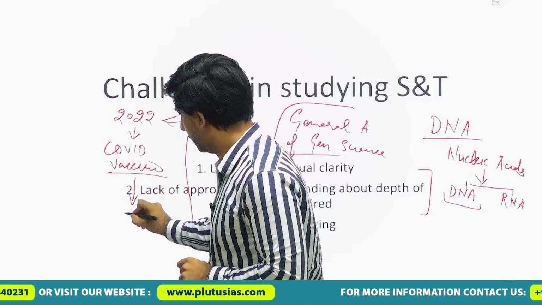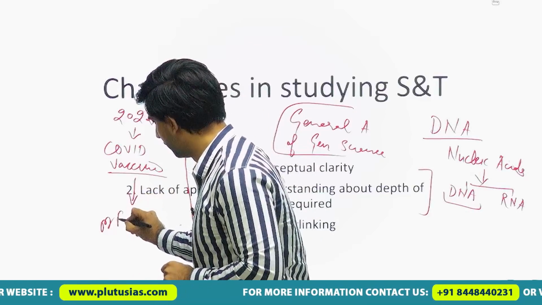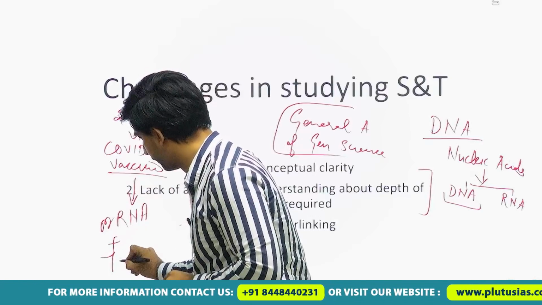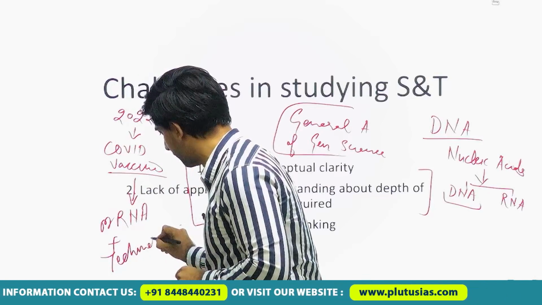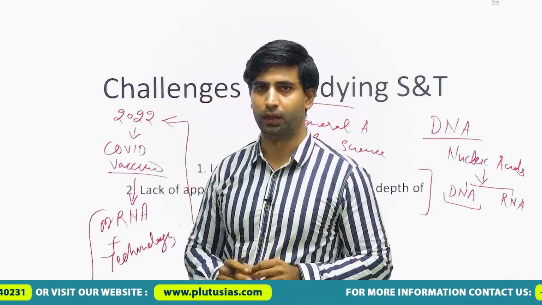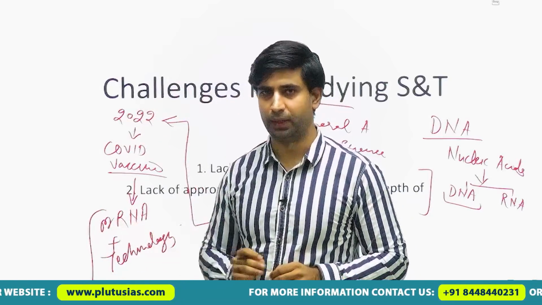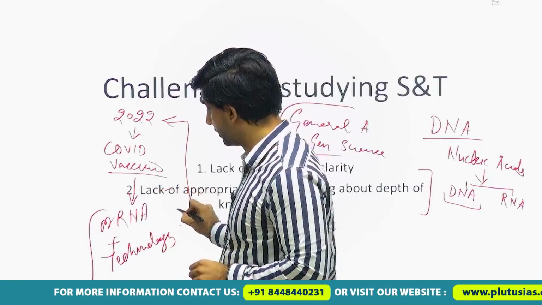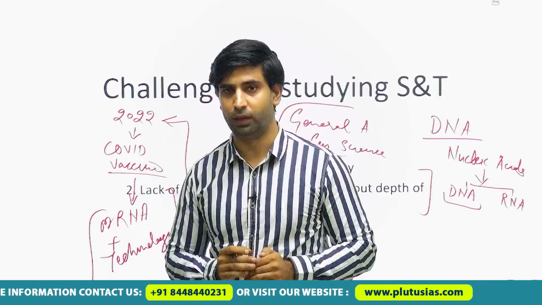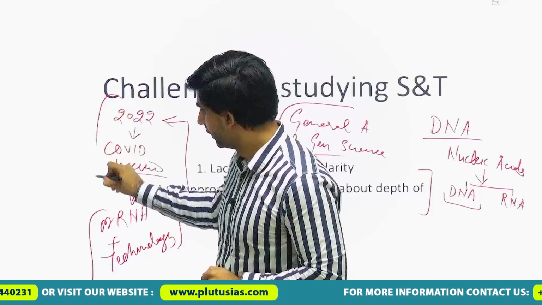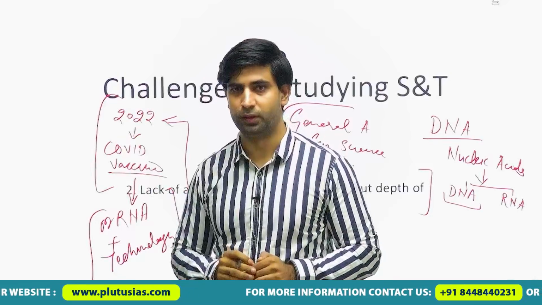Here, this mRNA technology comes under the static part, because this technology was already present and already known by the companies. But even if you know mRNA technology, you will not be able to solve this question. Why? Because you also require current affairs based knowledge here.